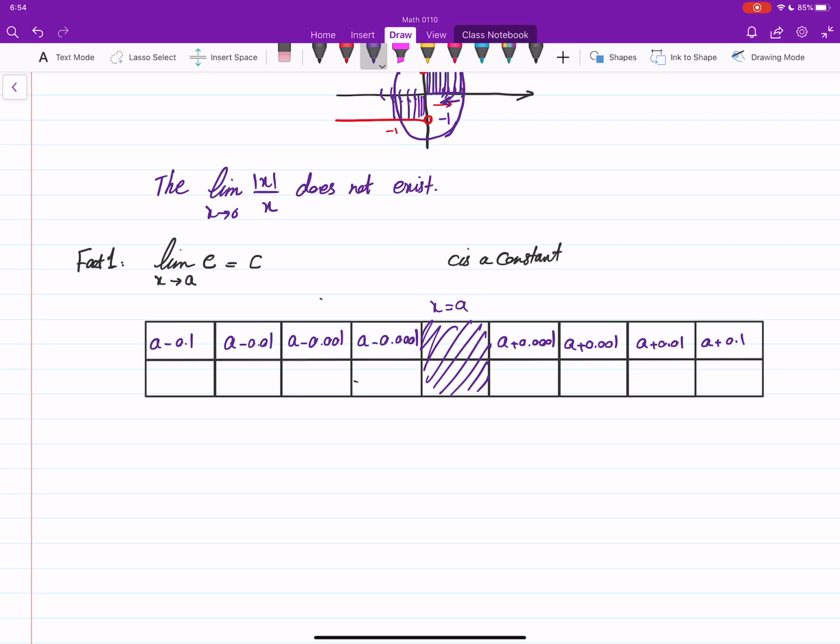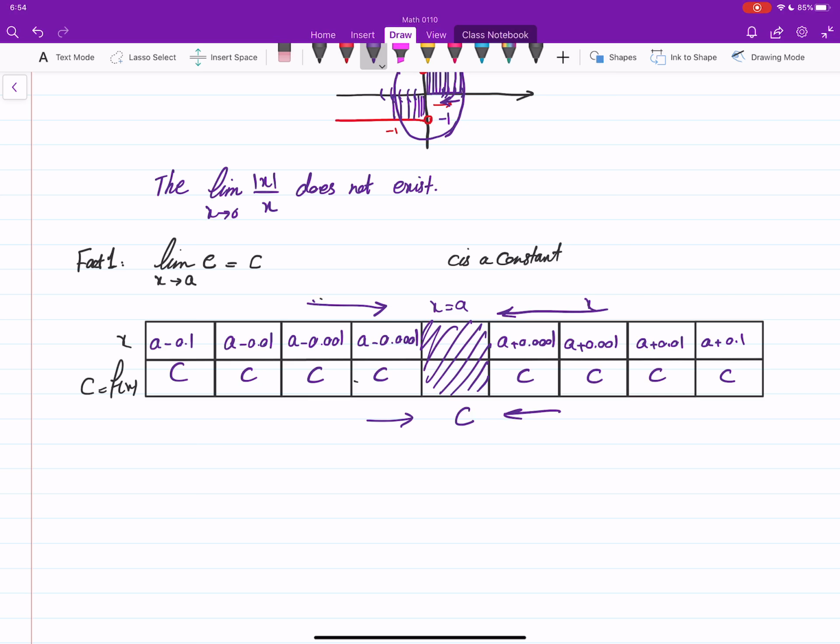So these are the values of x getting closer to a. What happens for values of y or values of f of x? Well, the function here is the constant c. It means that no matter what you plug into the function, you will get the same constant c all the time. And you see that this is why the function is getting closer to that constant c.